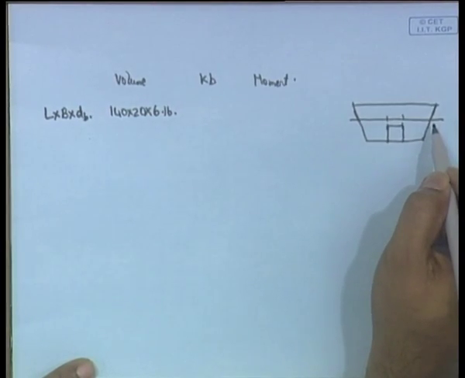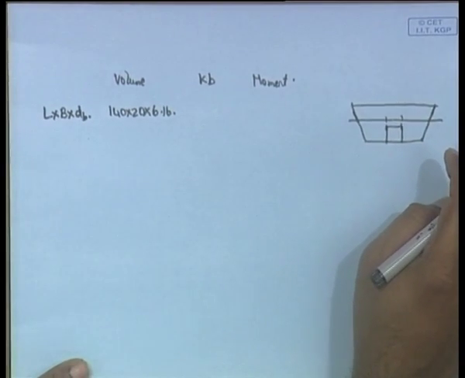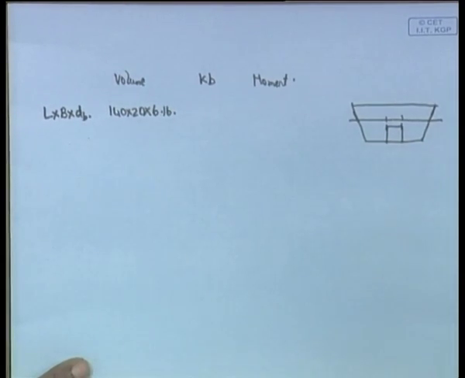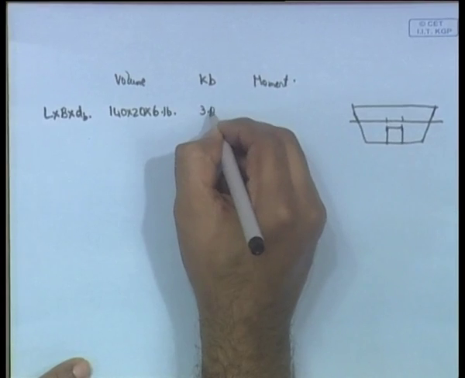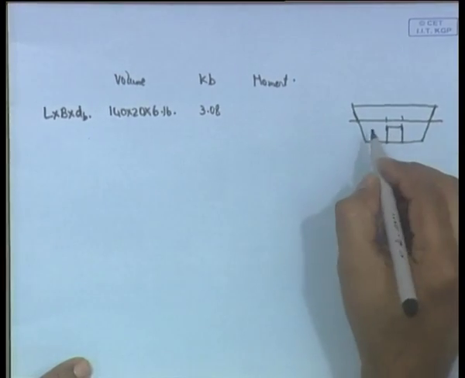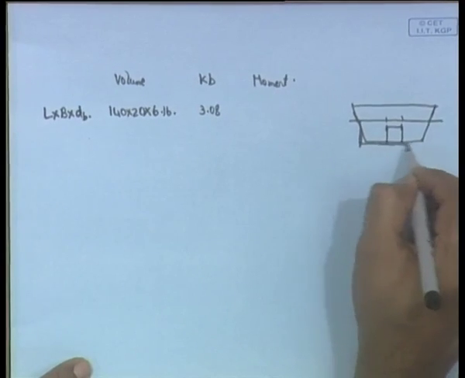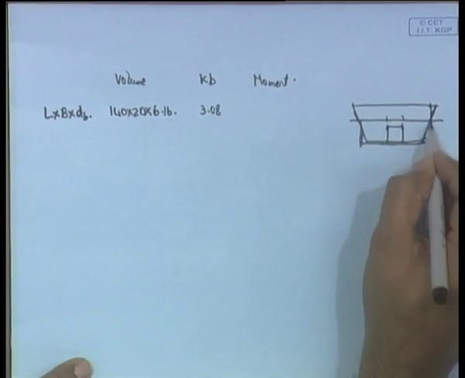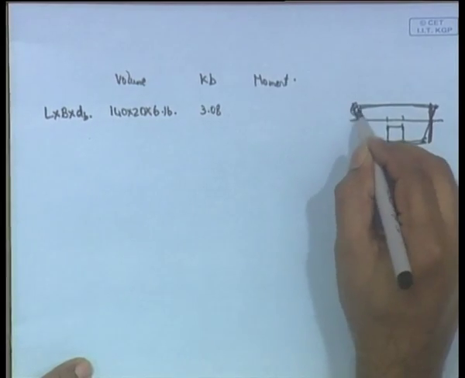Since it is a box shape vessel, you know the KB, you need to find dB. dB is given as 6.16. So, its KB is 3.08. Sorry, it's not a ship as such, it's a box shape vessel in this case.